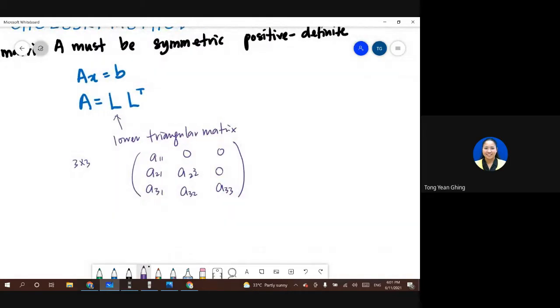When we do the transpose, the rows become columns.